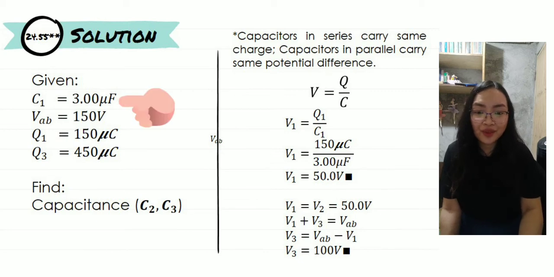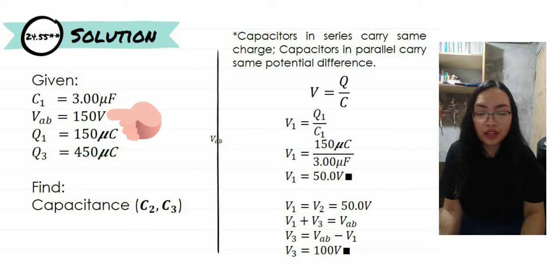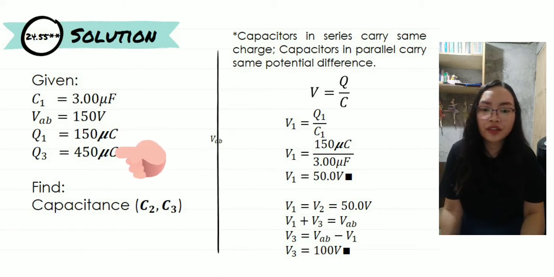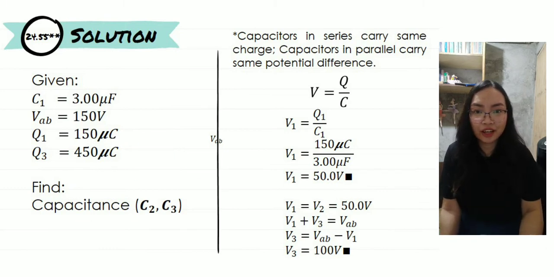So we have C1 is equal to 3.00 microfarad, V sub AB is equal to 150 volts, Q1 is equal to 150 microcoulomb and Q3 is equal to 450 microcoulomb. We are asked to find, of course, the capacitance of capacitor 2 and capacitor 3.